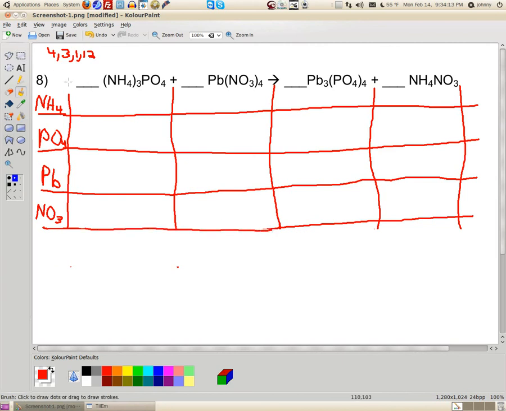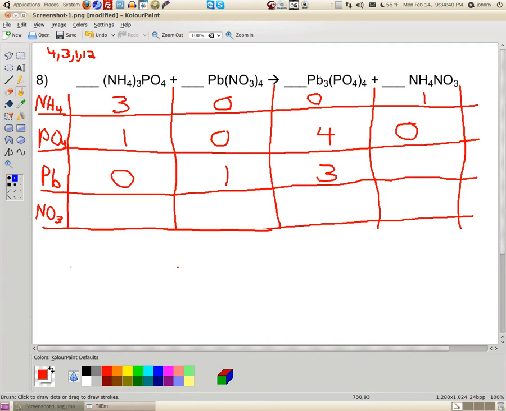So all you have to do is go down through here and number these. Here we have 3 NH4s. Here we have no NH4s, no NH4s, and here 1 NH4. PO4s here, 1. PO4 here, none. PO4 here, 4. Anyway, PO4 here, none. Pb's here, none. Pb's here, 1. Pb's here, 3.